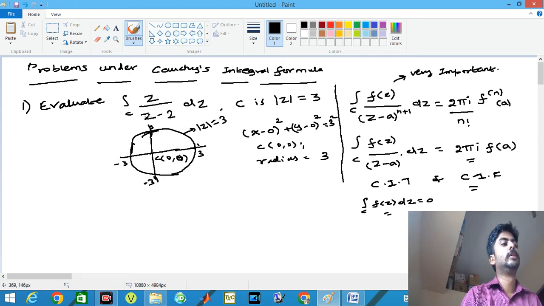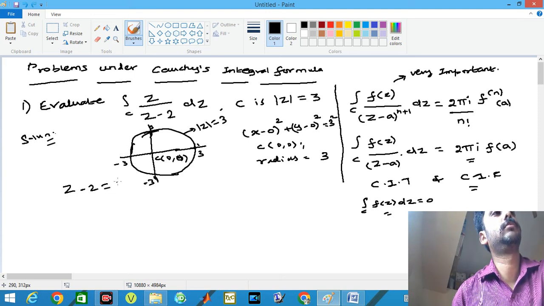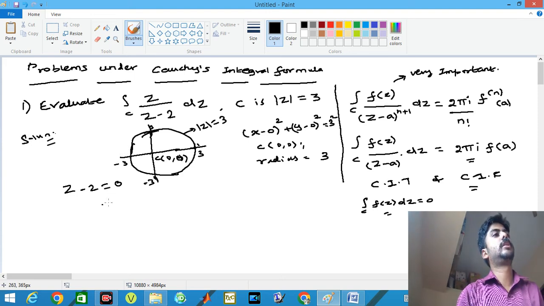Then definitely z minus 2 equal to 0 will be the singularity. Here z minus 2 equal to 0 implies z equal to 2.